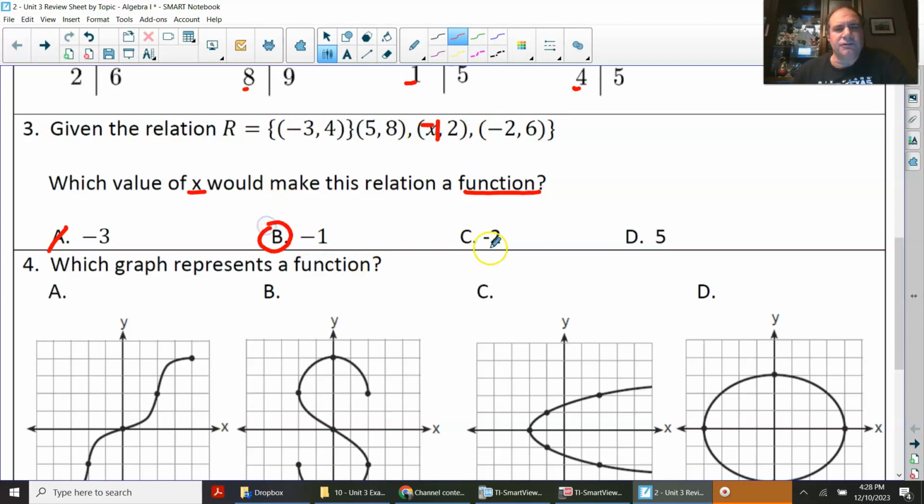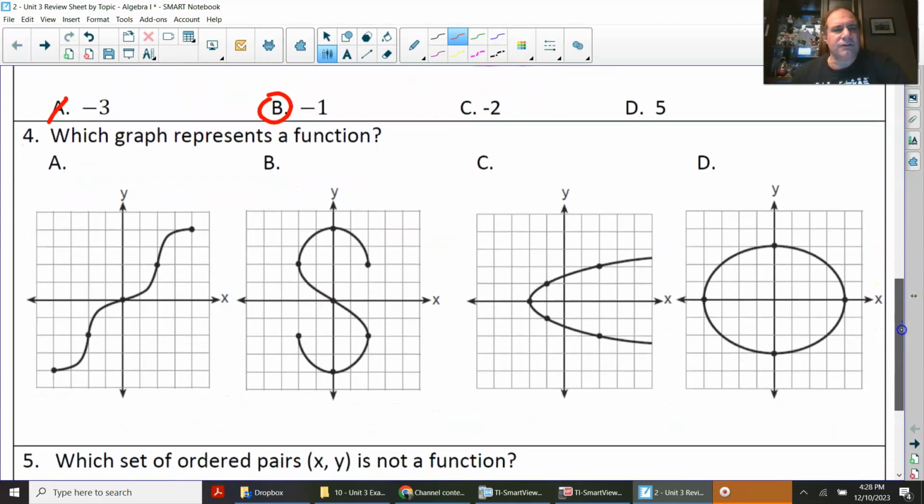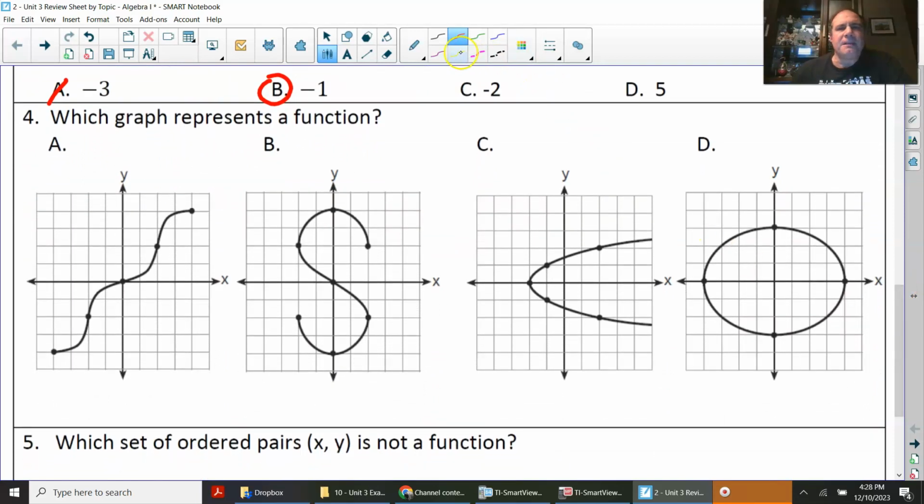That would be a function. -2 would not be a function because there's already a -2 going to a 6, and a 5 wouldn't be good either because that 5 goes to 8 and the 5 would go to 2 as well. So B is your answer there.